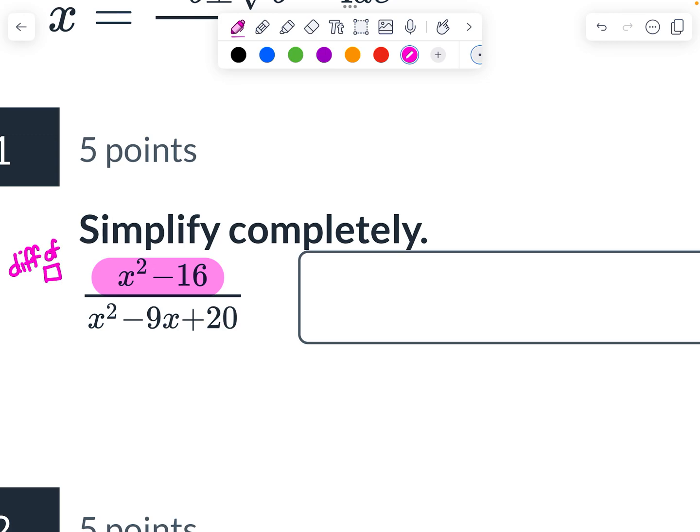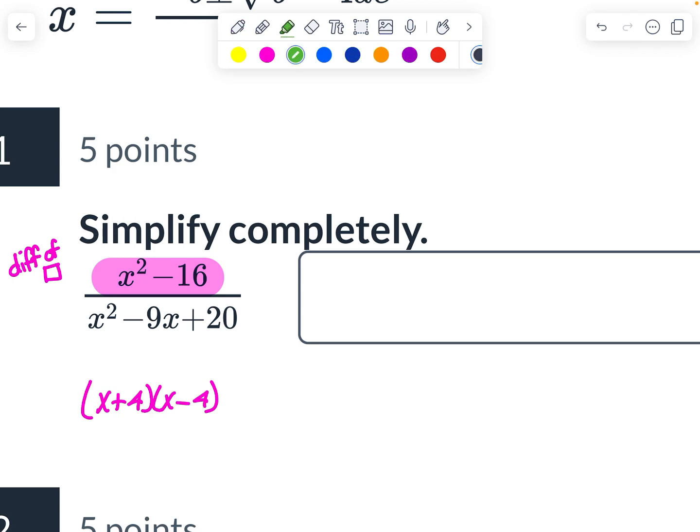So when it factors, it is going to be x plus 4 and x minus 4, because the square root of x squared is x, and the square root of 16 is positive and negative 4.